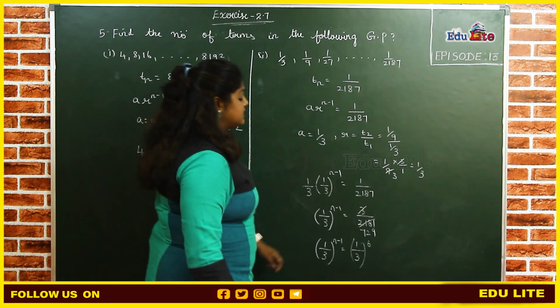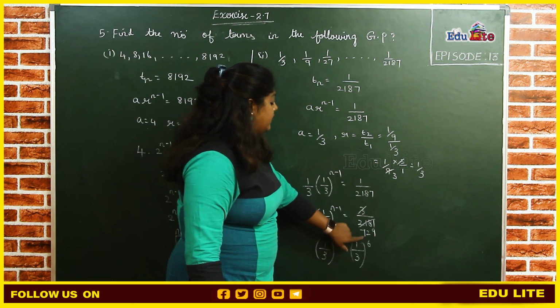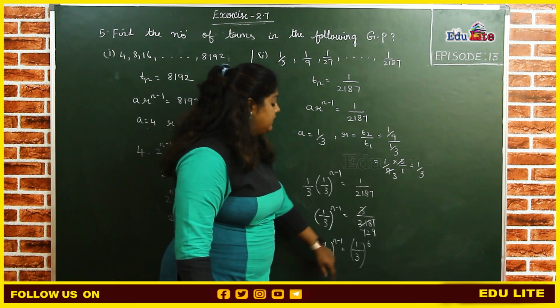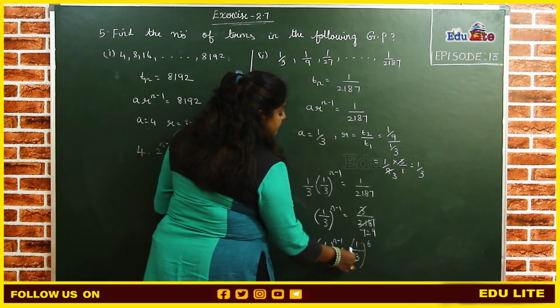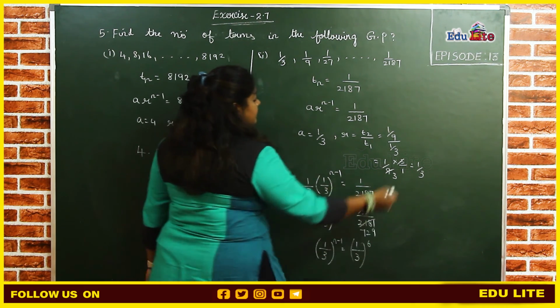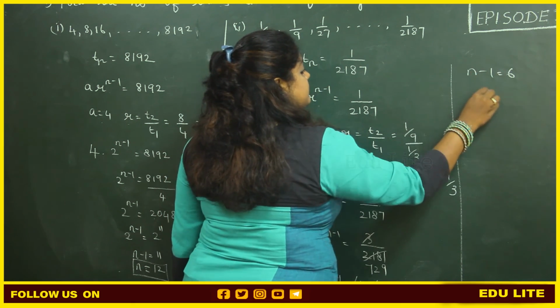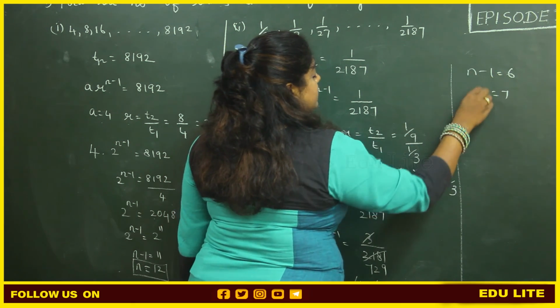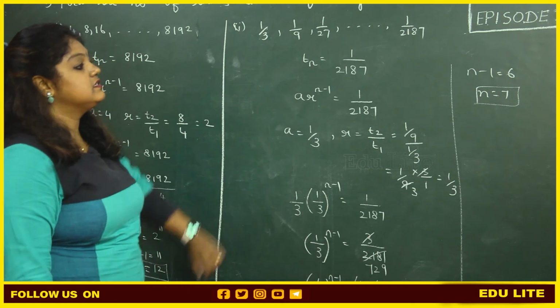Why do we write this? 1 power 6 is 1, 3 power 6 is 729. Therefore we are writing 729 in such a format. Since 1 by 3 is the same base, we can directly equate the powers. If we equate the powers, we get n minus 1 is equal to 6, therefore n is equal to 6 plus 1, 7. So the n value, that is the number of terms, is 7 for the given GP sequence.